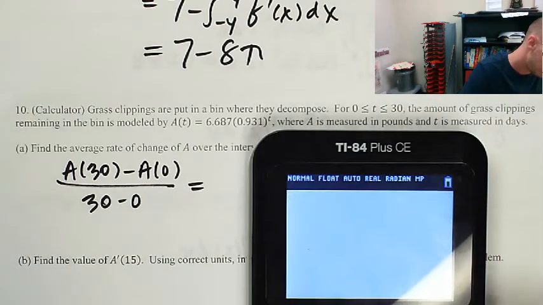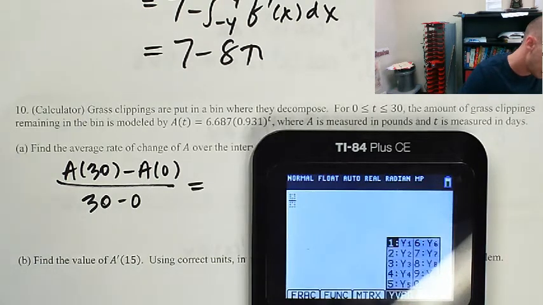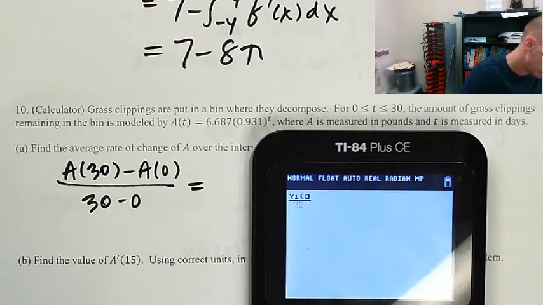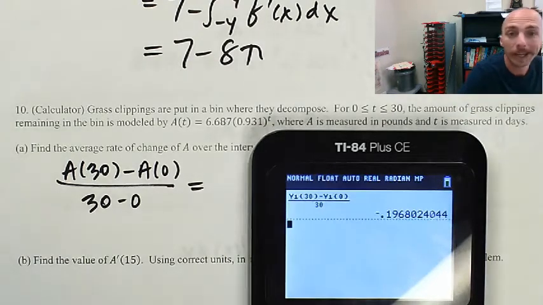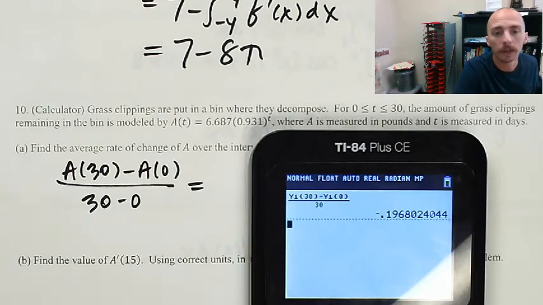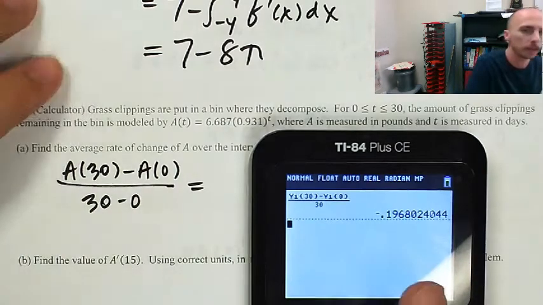Where do we get y1? Yeah, okay, alpha. y1 of 30 minus y1 of 0 divided by 30 minus 0 is going to be negative 0.197.